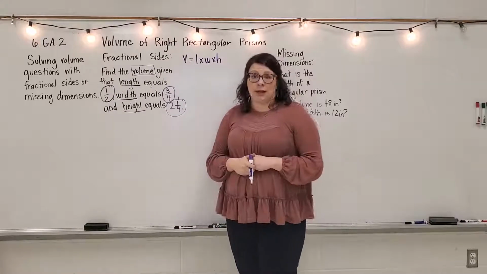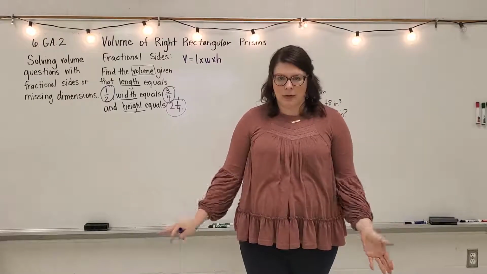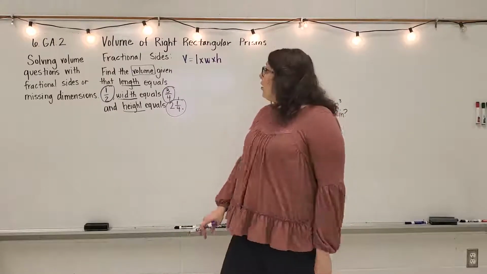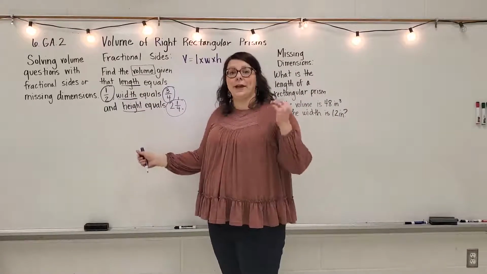So I've done two things. The first thing I did was box in the word volume and automatically write down the formula. Now I've also identified my three dimensions and what they will equal.